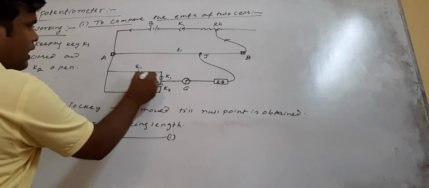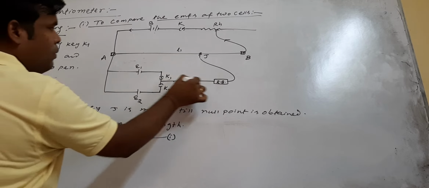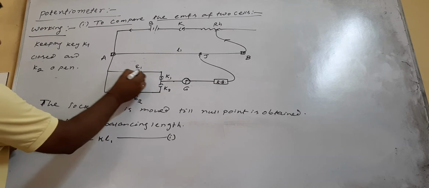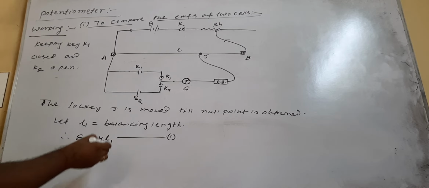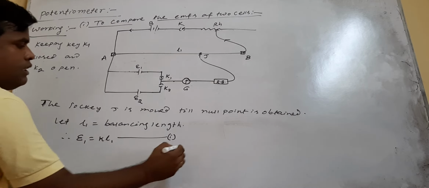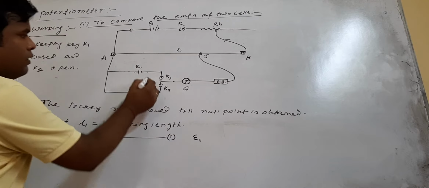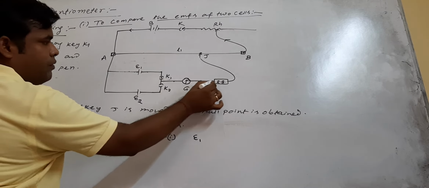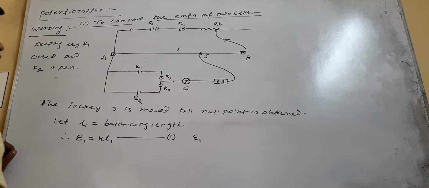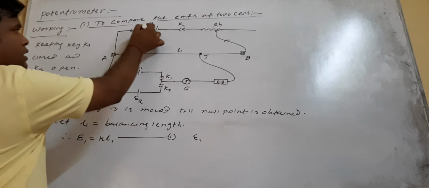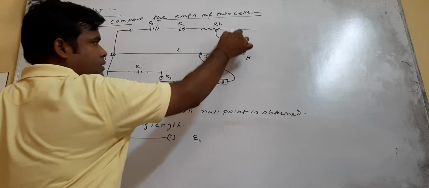Now you apply Kirchhoff's second law. When you go like this, you take this closed loop. From this to this, there is no potential drop because it is the connecting wire. From this to this, it is E1, no current is flowing. From this to this, the potential is lower because you see current is flowing like this.